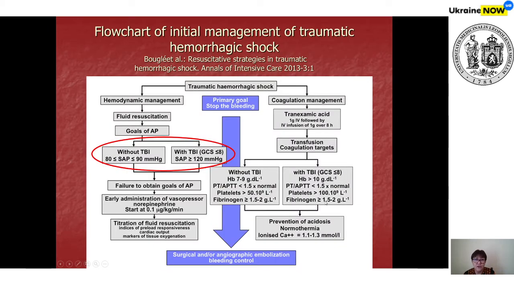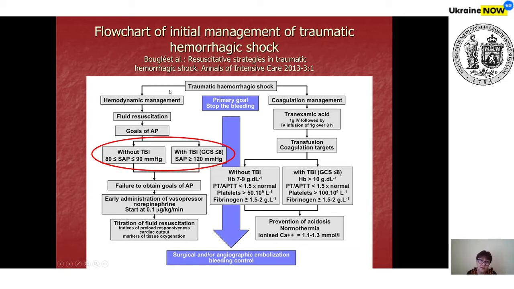This is a flow chart of initial management of traumatic hemorrhagic shock. The main goal in traumatic hemorrhagic shock is to stop the bleeding. For this goal, even surgical and angiographic embolization bleeding control can be considered.